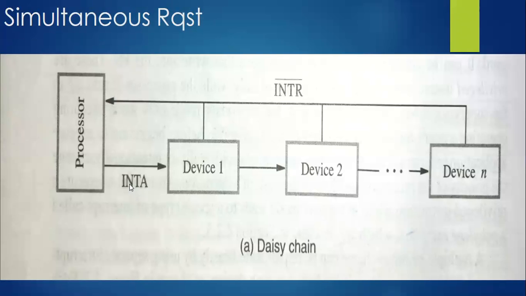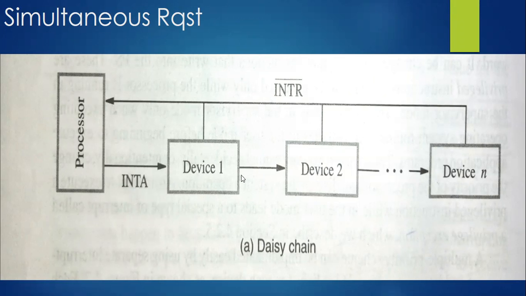See, in this figure, if you are raising an interrupt request, you can raise it easily, no issue. We are just connecting the devices to this particular line. But in case of acknowledgement, observe this structure, which we call a daisy chain. The acknowledgement will travel through the devices.